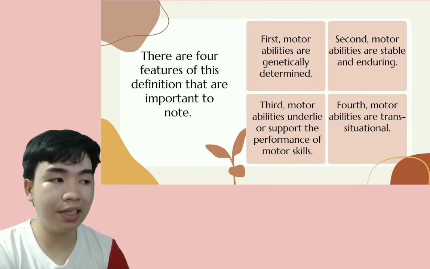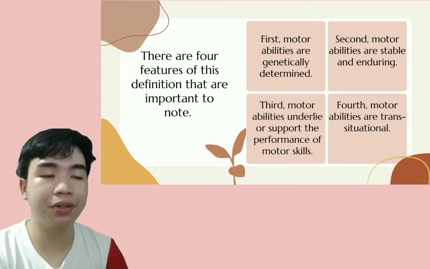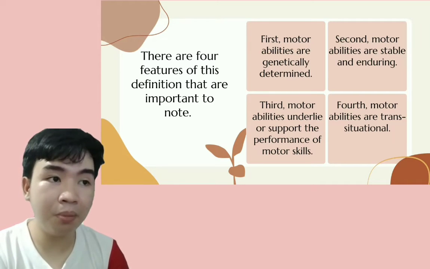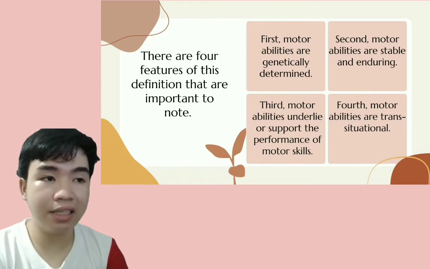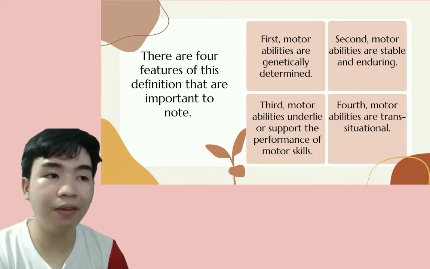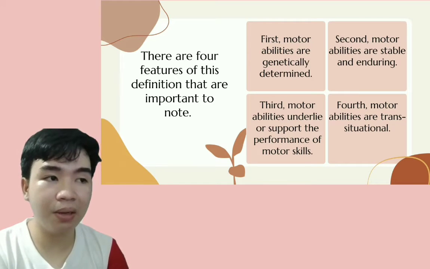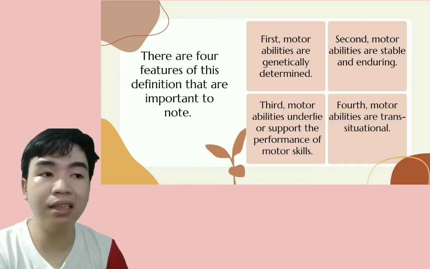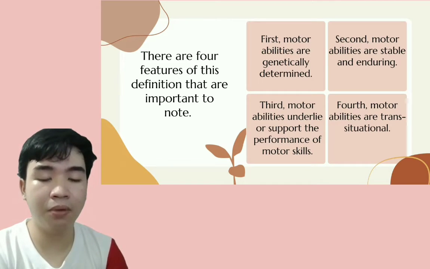Motor abilities are not specific to any particular class or type of motor skill, but the same motor ability may cross many classification lines in contributing to a large variety of actions. Conversely, a motor ability may also play little or no role in the performance of other motor skills.